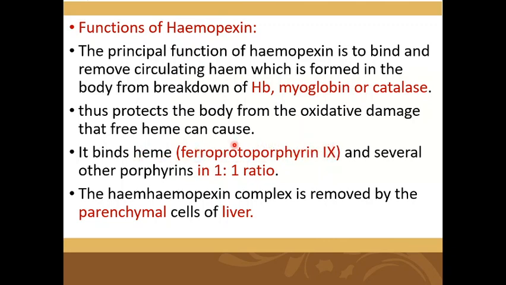Ferroprotoporphyrin 9. You know it very well. And it also binds several porphyrins in the ratio of 1:1, that is all those porphyrins which contain heme. The hemopexin complex is removed by the parenchymal cells of the liver.